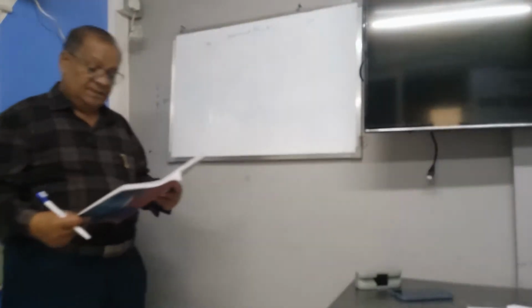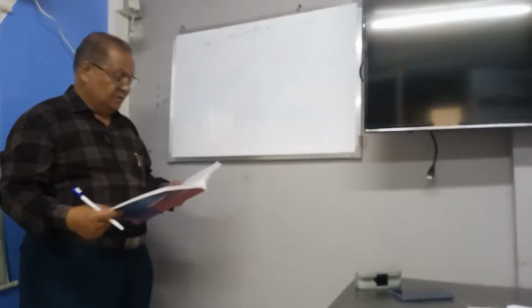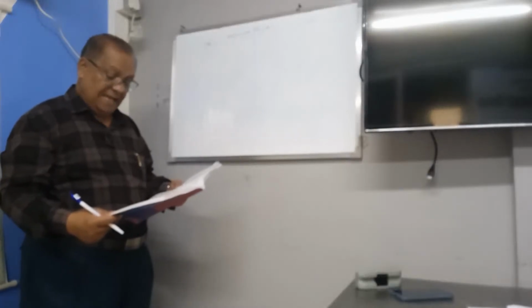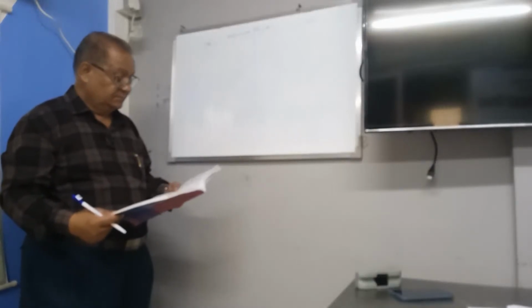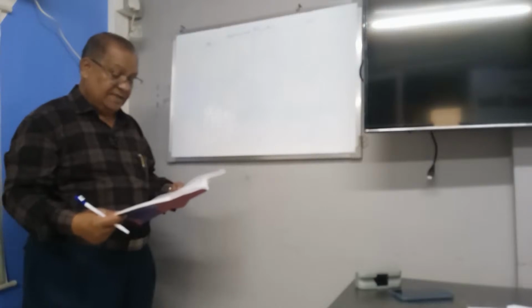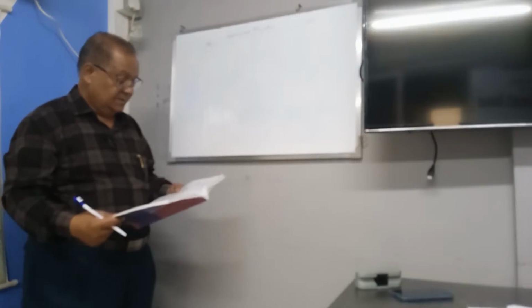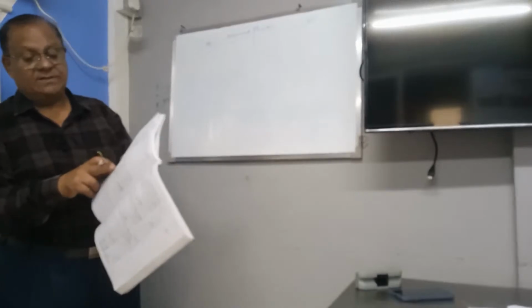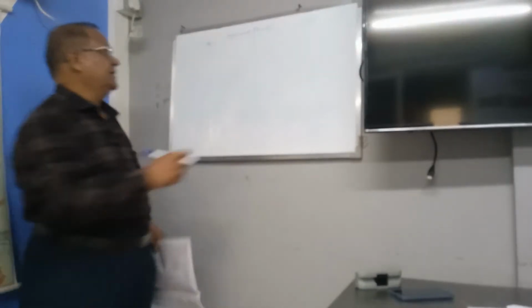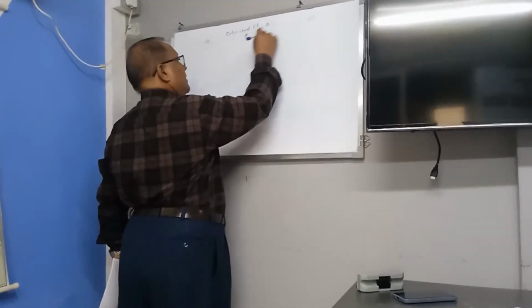In this, they give you a balance. From this balance, you take their profit and loss account balance here. This 4,000, you take here by balance brought down.